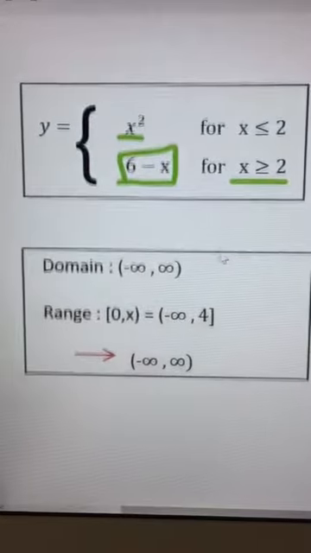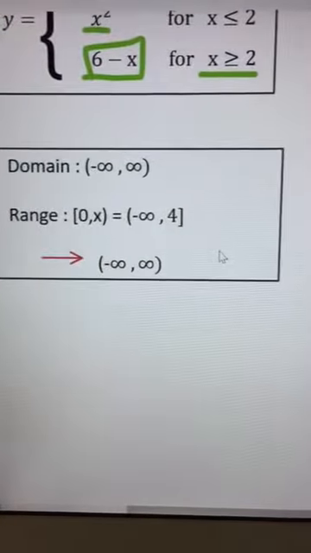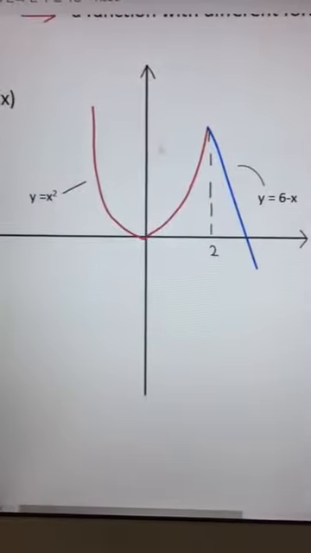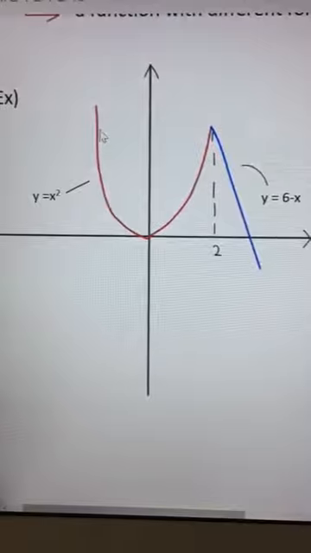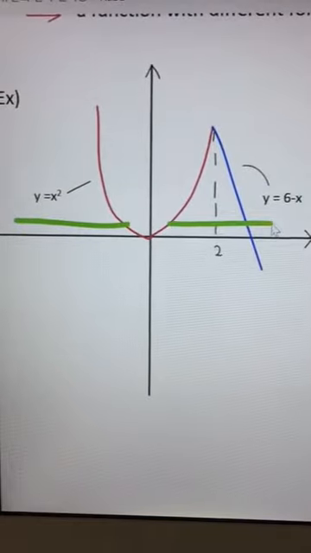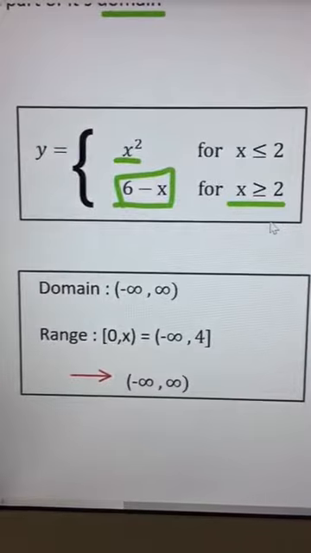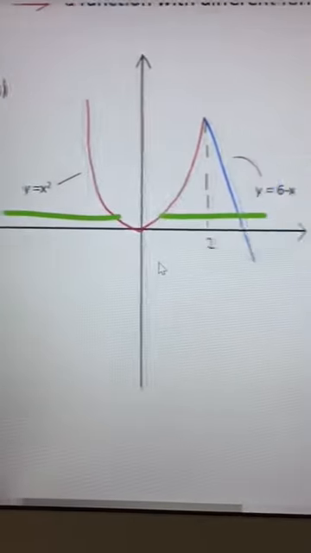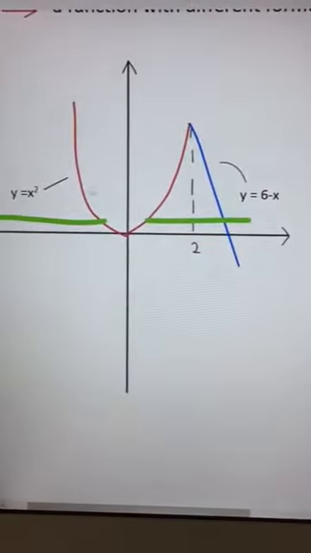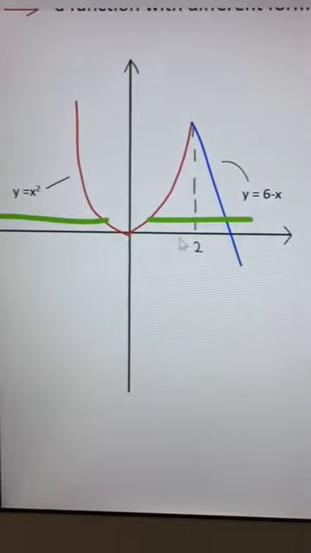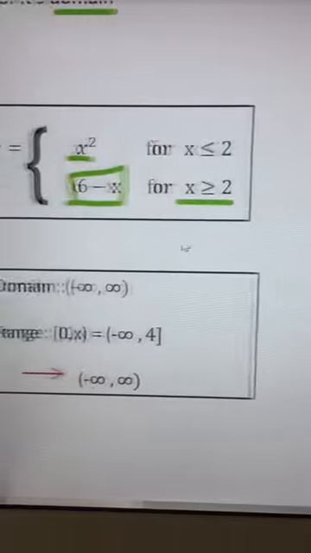And if you look at the domain and range, the domain is basically, as you can see, going to be negative infinity to infinity because it goes on and on. But for the range, looking at just both of these parts of the function, you can see that it's going to be different for the part of its domain.